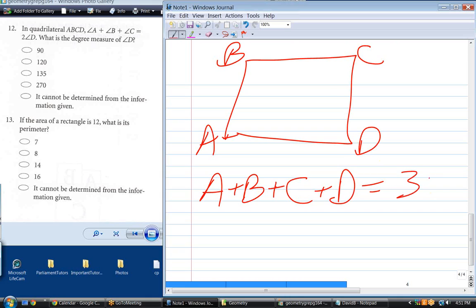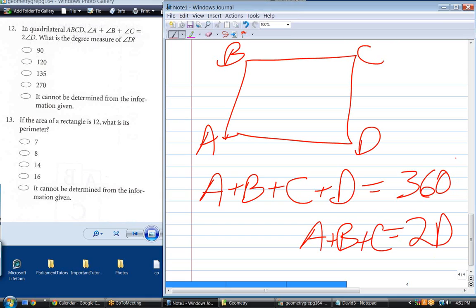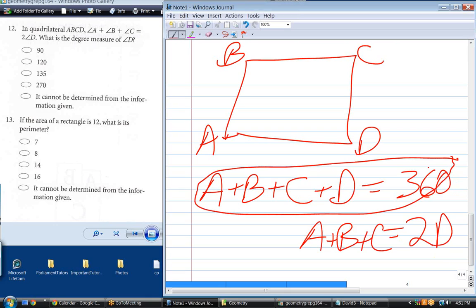In other words, all 4 angles have to add to 360, right? Now, I have another equation I can write. A plus B plus C equals 2D. So, where can I substitute in that first equation?